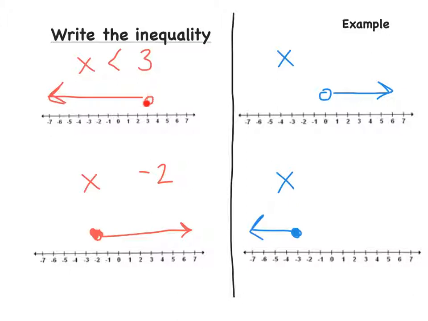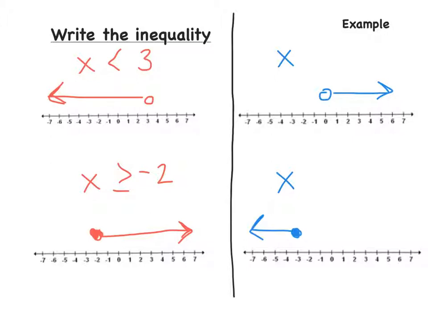Remember, it's open. So if it's open, it is just less than 3. You don't need the or equals to because it is open. Now down here at the bottom, we have that is pointing off to the right. So we can draw that exact same thing. We see that it is closed, so it must be x is greater than or equal to -2.